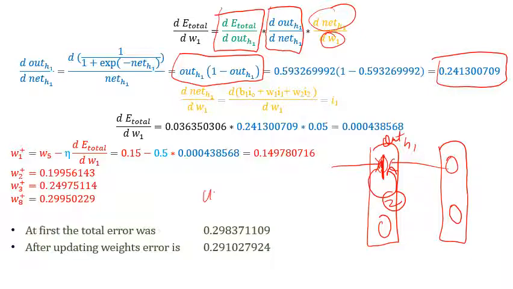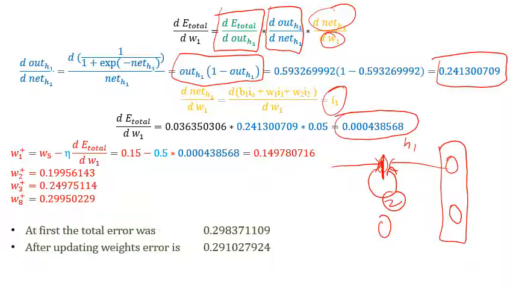It was W1 with I1 plus W2 with I2 plus bias, and you are taking a derivative with respect to W1. So you will be left with only I1, because these terms will be constant. You multiply all three terms again, and finally you will get the derivative of total error with respect to W1.